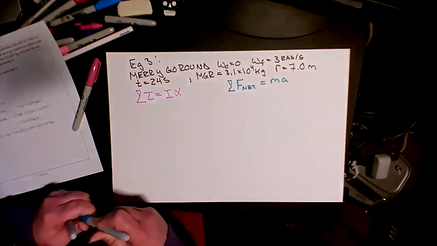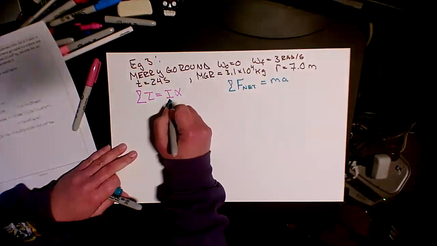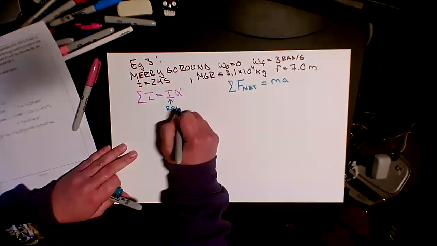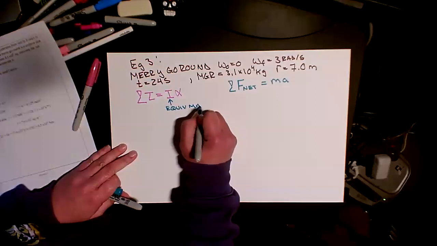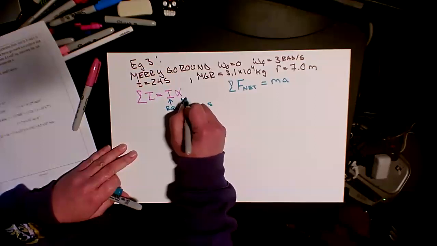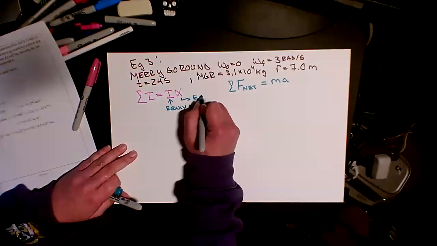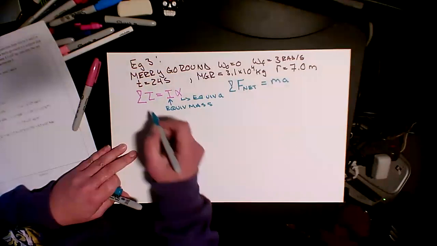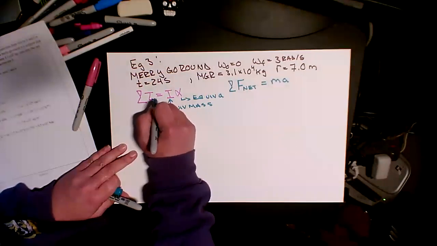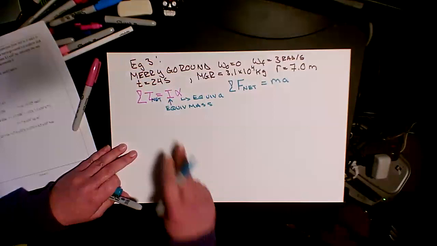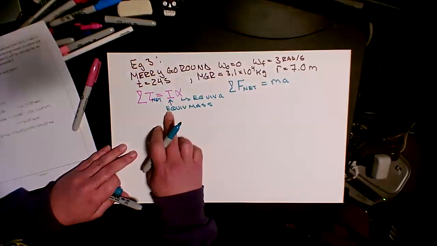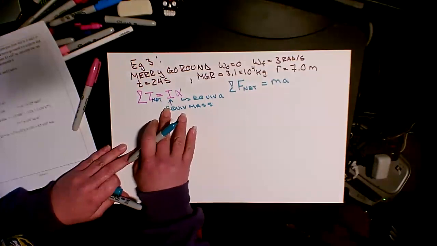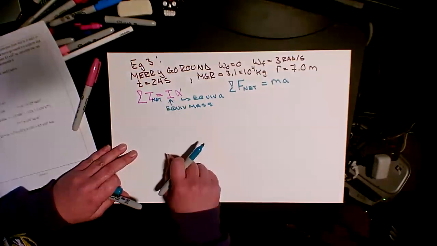So let's recall that I said that inertia is the equivalent to mass, and alpha then is the equivalent to acceleration, to a. So this torque is actually a net torque. Do I have a net torque? Therefore, I'm going to have to move this mass in some way, and it will experience an acceleration.